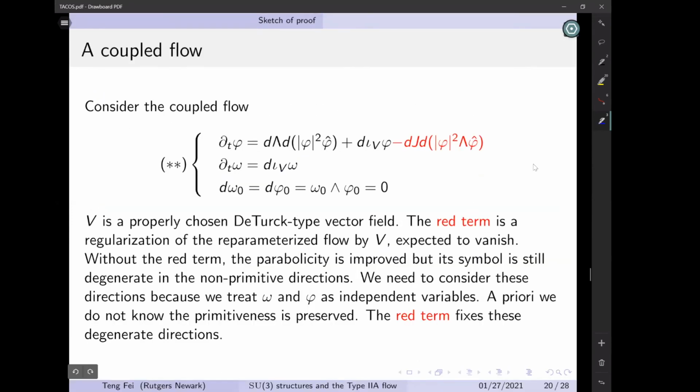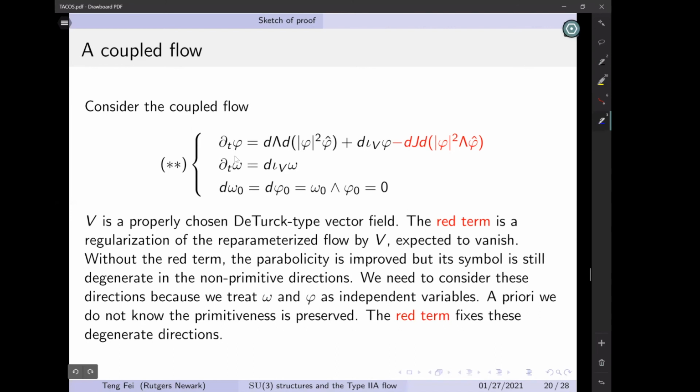Okay, so this actually inspires us to consider the following coupled flow, where you evolve phi by what we already have, then you add some Lie derivative term, but this part of the Lie derivative is a d of something, and there's something extra I will explain later.